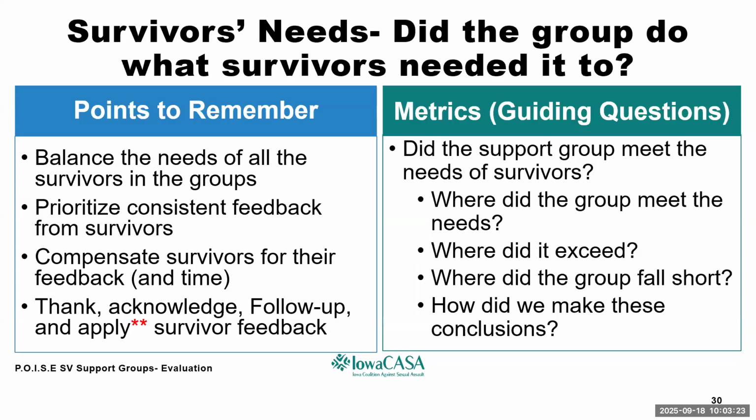And you will notice that on the slide, there are 2 red asterisks next to apply. That's because we know that we will not be able to apply all the feedback that's given to us from survivors. But as much as possible, we need to make sure that we communicate what can be applied and what can change, and if we're not able to, communicate that as well.